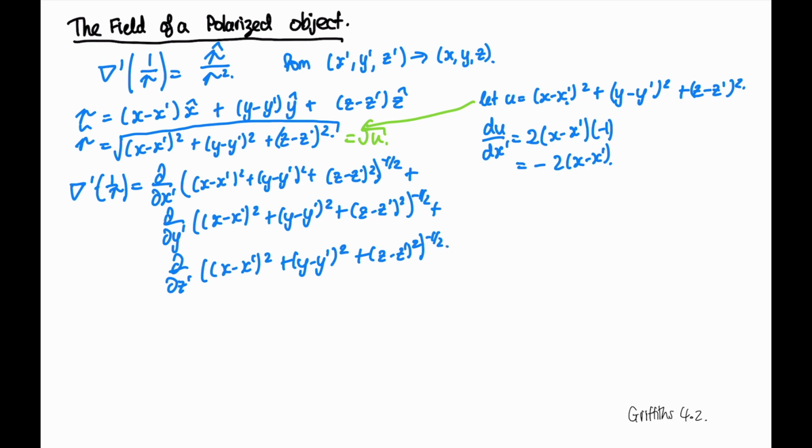I've left off my vectors. This should be times x hat in the x direction, this is in the y direction, and this is in the z direction, because when we take the gradient of a scalar, we get a vector.